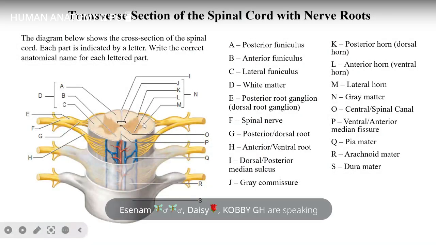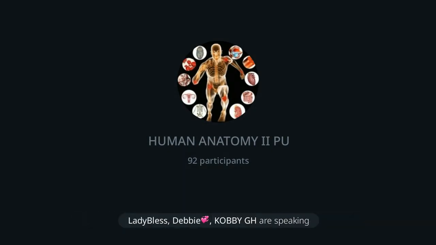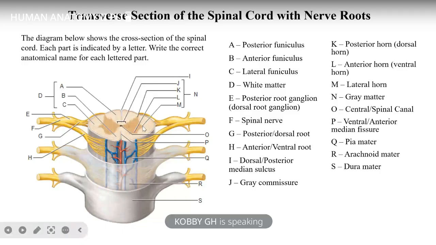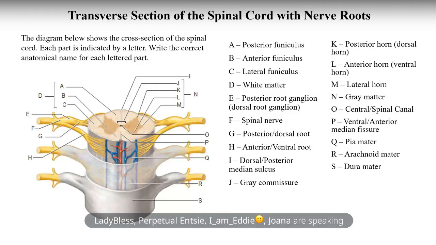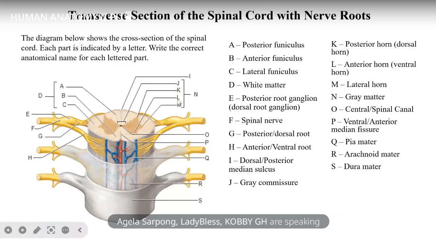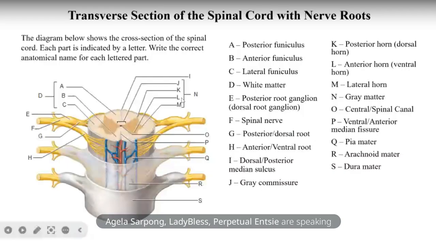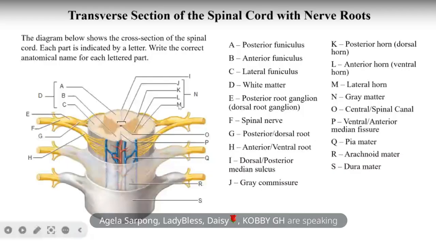The lateral horn. What name is given to L? Yeah, horn. Okay. When we put K, L, and M together, what is the name? Gray.